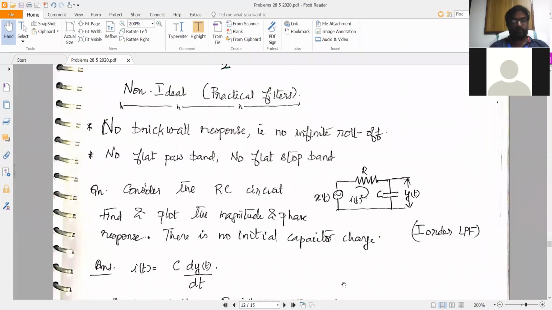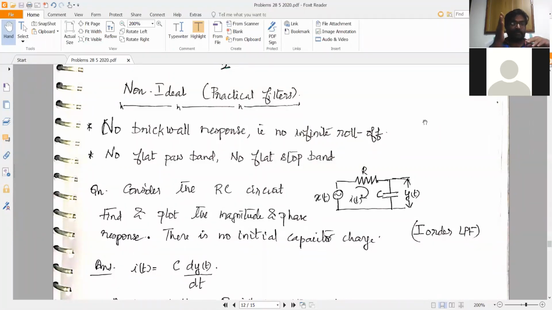So for practical filters, there is no brick wall response, which means there is no infinite roll-off. You have discussed roll-off in analog integrated circuits. For your Butterworth filters, you have a roll-off of 20 dB per decade per order. So for the first order, you have 20 dB per decade, and for the second order, you have 40 dB per decade.